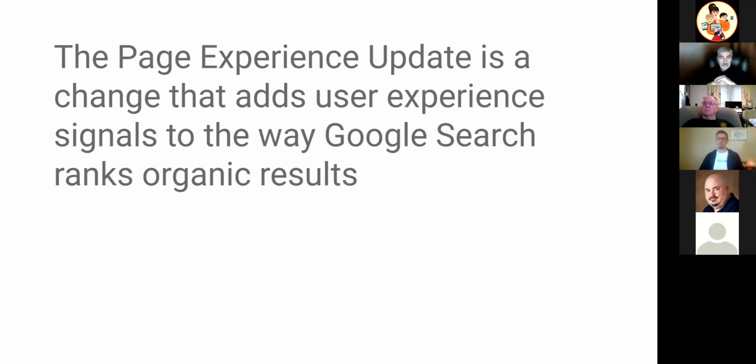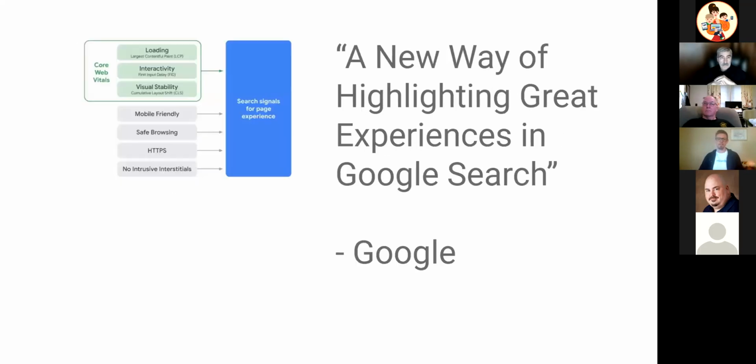We'll unpack what that means, and we'll talk a lot about Core Web Vitals because I think that is a big part of it. The graphic in the upper left is taken directly from the page experience update page that Google put out. You can see the different signals that Google is going to be looking at when this rolls out.